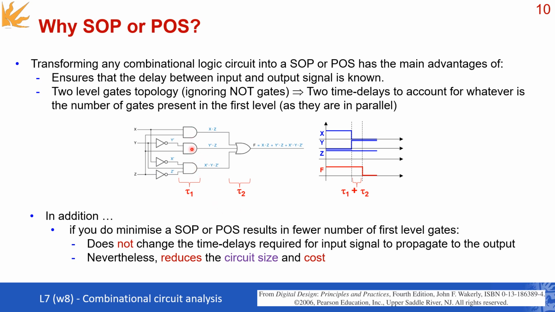So if we're talking about a sum of products, by minimizing it, you may reduce the number of AND gates. This is not going to reduce the T1 component that you see here in the time. Nevertheless, it's going to reduce the cost because you reduced the circuit size. And as you can understand, especially for very complex circuits, this is very important. It does reduce the cost significantly.